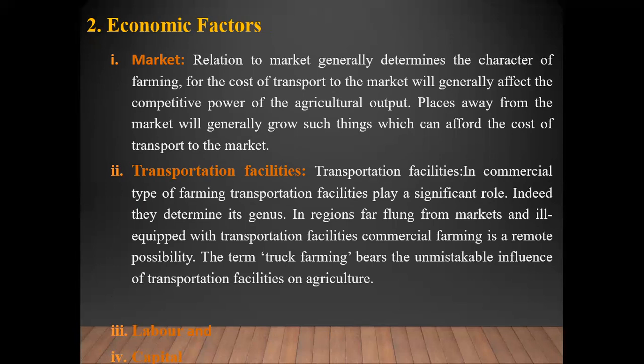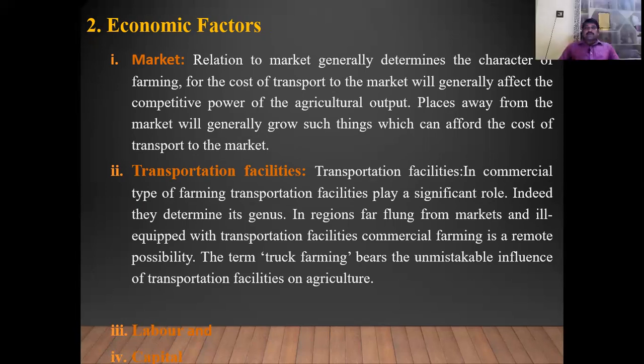Relation to the market generally determines the character of farming. For the cost of transport to the market will generally affect the competitive power of the agricultural output. Places away from the market will generally grow such things which cannot afford the cost of the transport to the market.